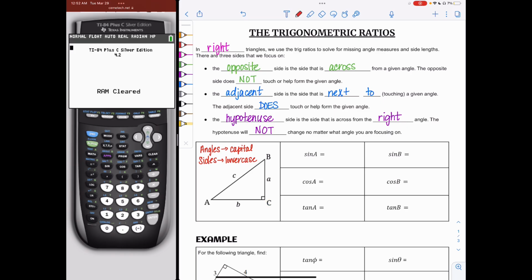So if we are focusing on angle A, if we talk about the sine of A, that means we have the opposite over the hypotenuse. Well, we already know that the hypotenuse is across from the right angle, which means that it is C. In regards to angle A, the side that is across from it is side A. So that sine is going to be A over the hypotenuse of C. If we look at cosine of A, that is the side that is next to A, which is going to be B, so that is going to be side B over the hypotenuse.